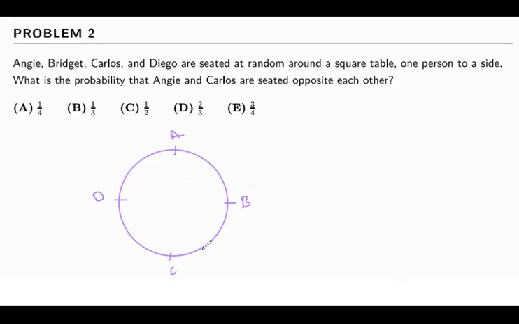But since we have a circle, we need to be careful because we may rotate it to get the same setting. Let me draw another one. So if I do another circle, let's say this is A, this is B, this is C, and this is D. This guy and this guy are actually the same because A and C are opposite, B and D are opposite.